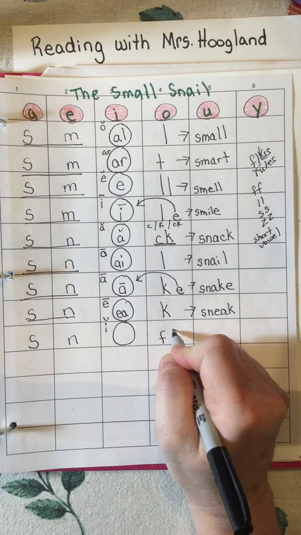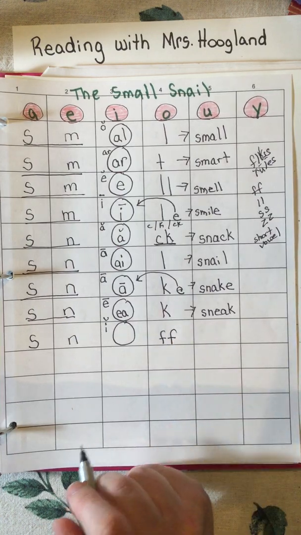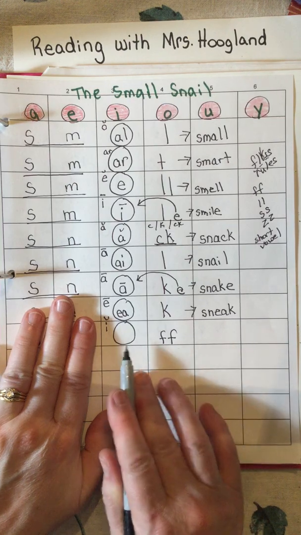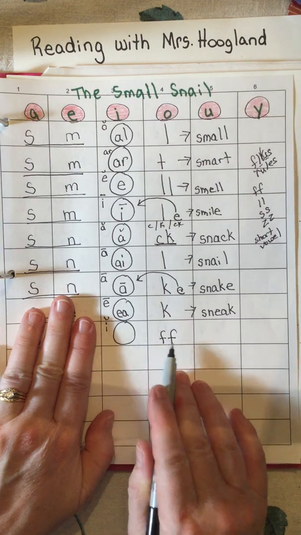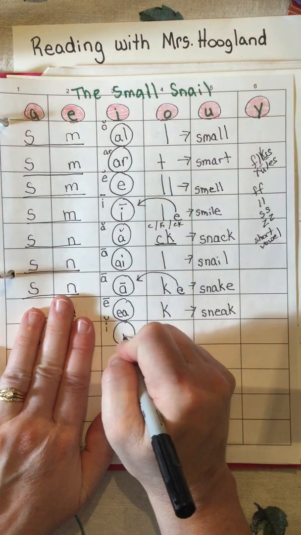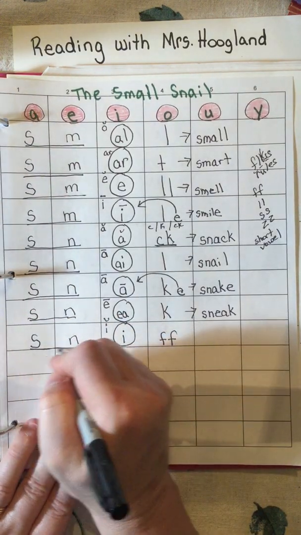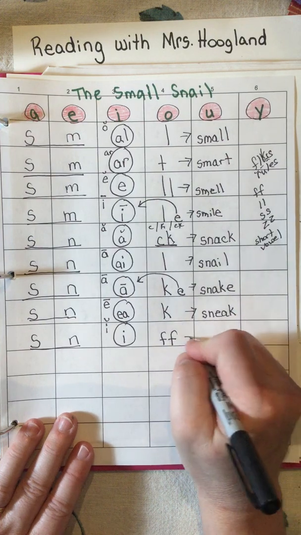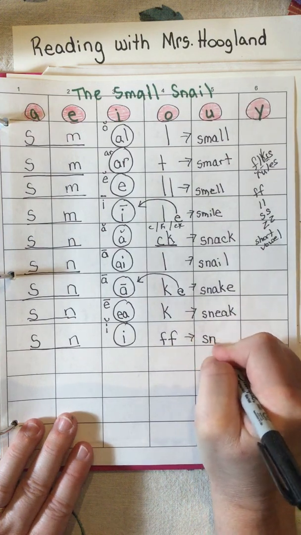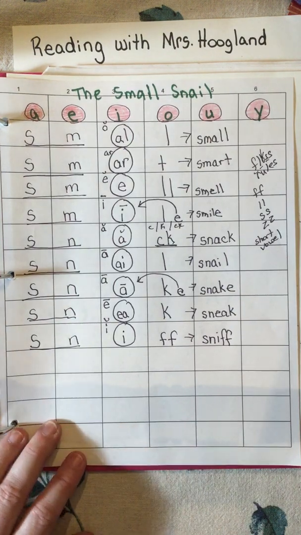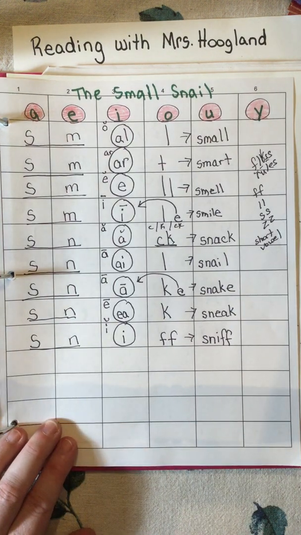So we're going to double this F right here. And this becomes a closed syllable because this vowel cannot say its name because it has a consonant stopping it. So yes, this can be an I. If. What's the word? Sniff. What's something you like to sniff?